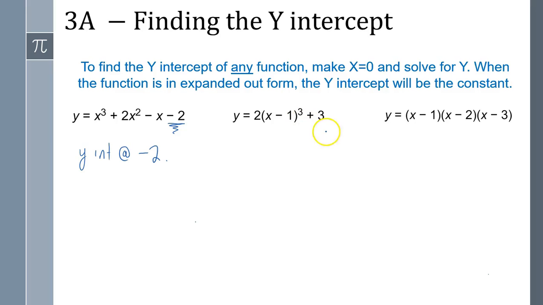It's a little bit different for these ones, just because they're not expanded out. There's two different ways we can approach them. We can expand this out into this format and then get the constant off the end. That's an option. Or probably the quicker way to do it is to sub 0 in for x. So let's try that one. So y equals, wherever I see an x, I'm going to put a 0.